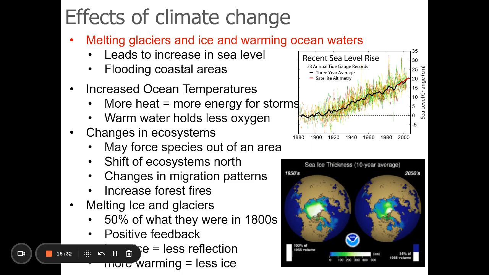And it's sort of a positive feedback loop in which, as the ice melts, it becomes warmer, more ice melts, and that process repeats. We can see graphs if we look at the amount of ice there is at the North Pole. We have seen that it's decreasing in the past decades.